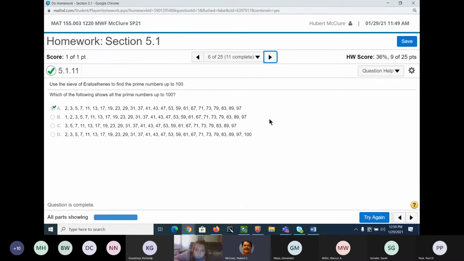So if you have your index card done, like I told you to do it, then that problem is a piece of cake, because C is not it. Why isn't D the answer? Somebody tell me. 100 isn't a prime number. 100 is composite. So Charlie and Delta are no way.